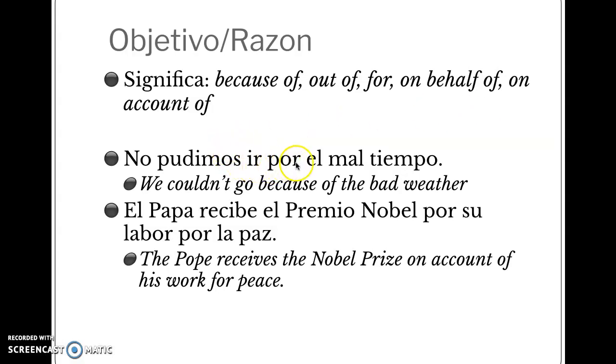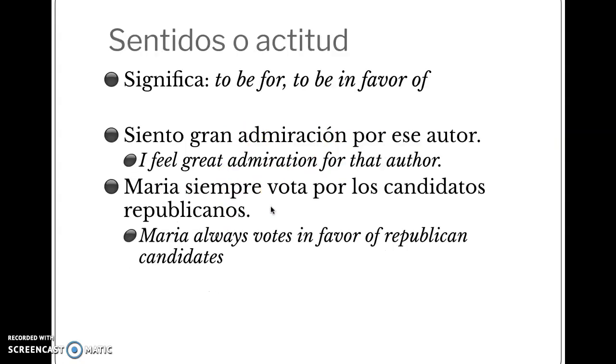No pudimos ir por el mal tiempo because of. El papá recibió el premio Nobel por su labor por la paz. Sentidos or actitudes, so feelings and emotions and attitude would be por. Siento gran admiración por ese autor. Me haría siempre votar por. ¿Sí?